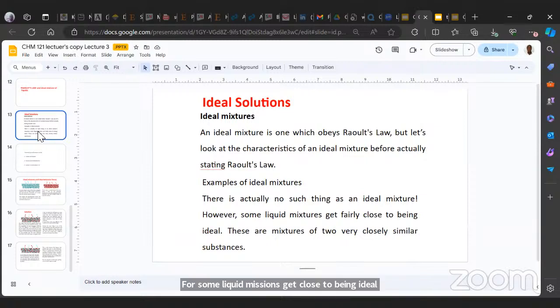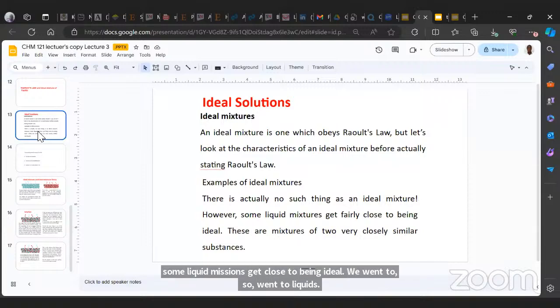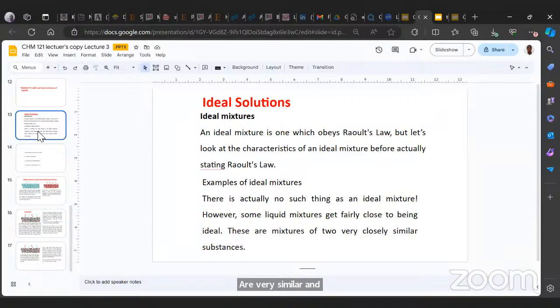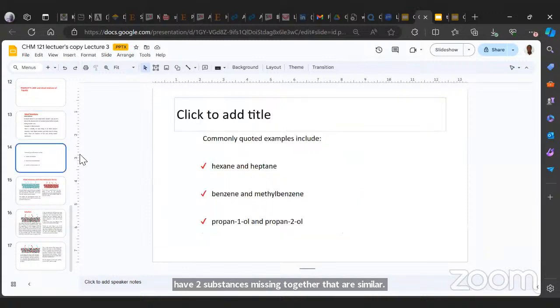When two liquids are very similar and they mix together without necessarily reacting, we say we have an ideal mixture. Some examples of ideal mixture are hexane and heptane.